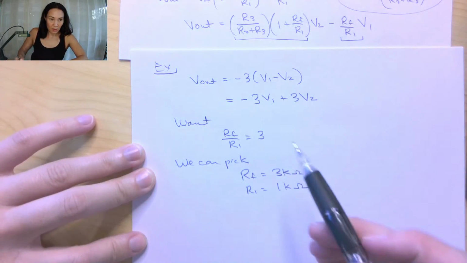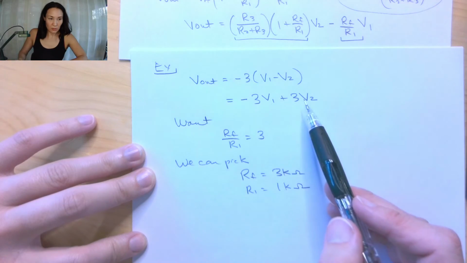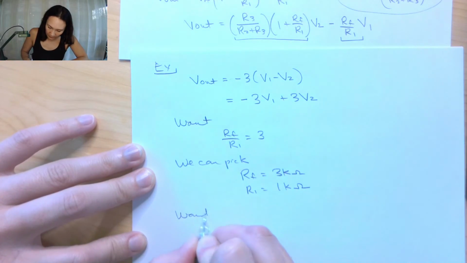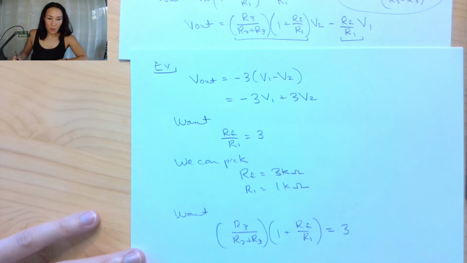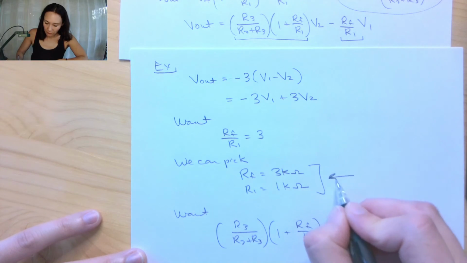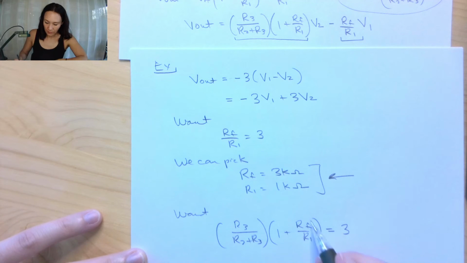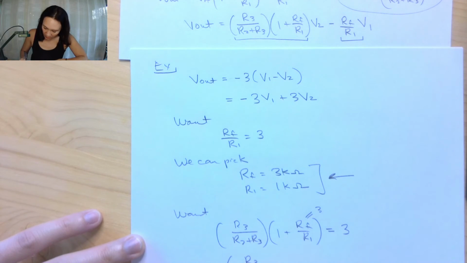If we do that, then the coefficient of our V2 term is given by all this stuff here. We want the coefficient for V2 also to be 3. So that means we want R3 over R2 plus R3 times the quantity 1 plus RF over R1 to be equal to 3. But we've already designated RF and R1 as 3K and 1K, so we've already said that this ratio is 3. So this equation becomes R3 over R2 plus R3 times 1 plus 3 is equal to 3.